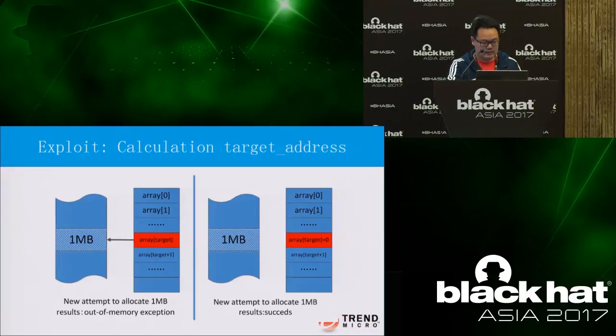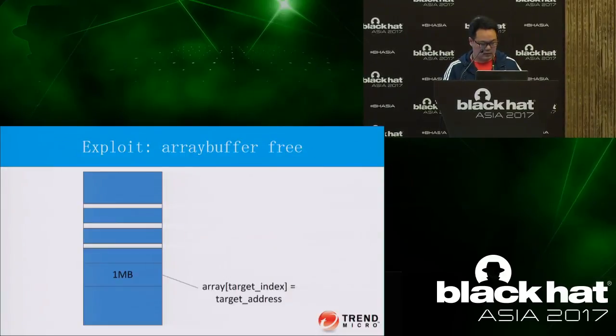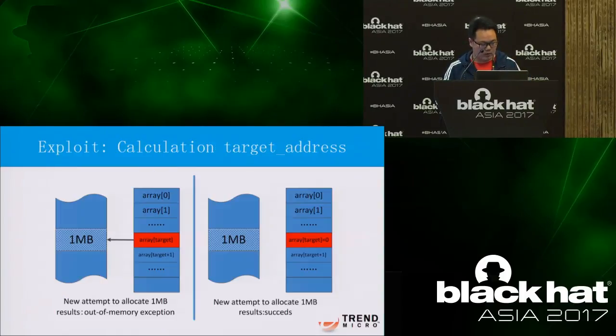Okay, we can say that if the array target is pointing to the target memory, when you attempt to allocate the memory, because there is not enough memory to support the new allocation, it will throw an out of memory exception.